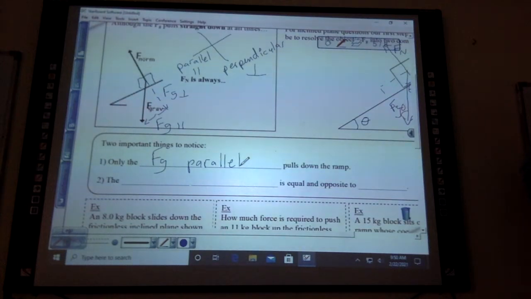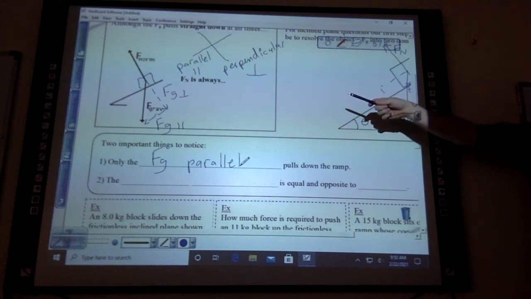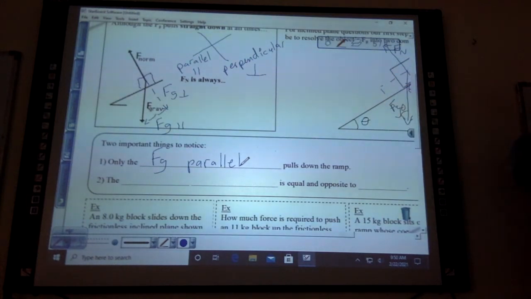It's equal and opposite to the force normal, yeah. But what is the force of gravity perpendicular actually doing to the object? Physically, what's it doing? Yeah, it keeps it from flying off the surface. So the FG perpendicular is what's holding the object to the surface.